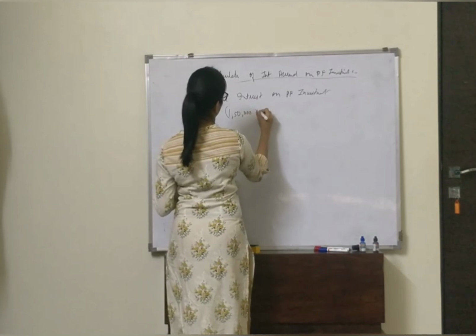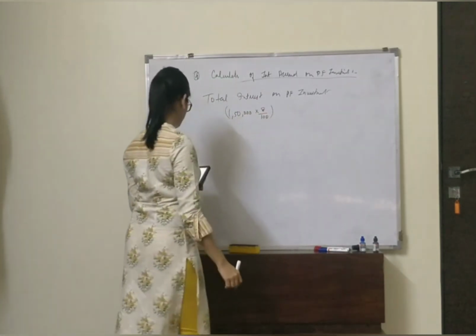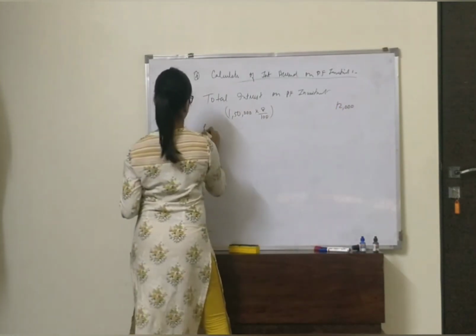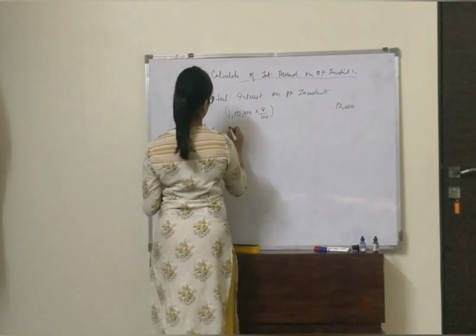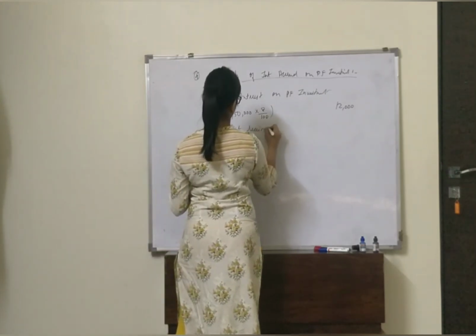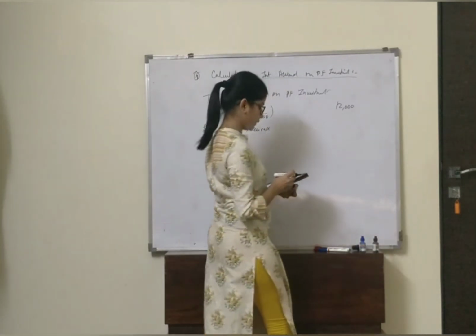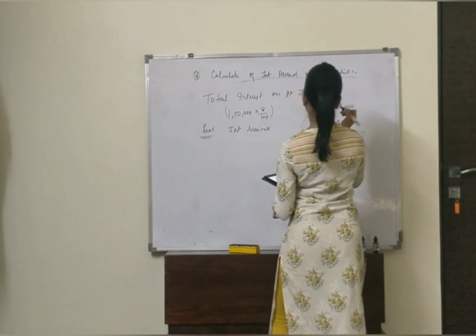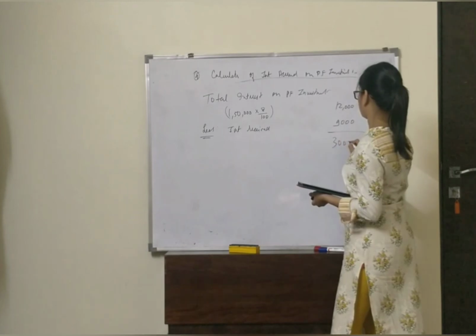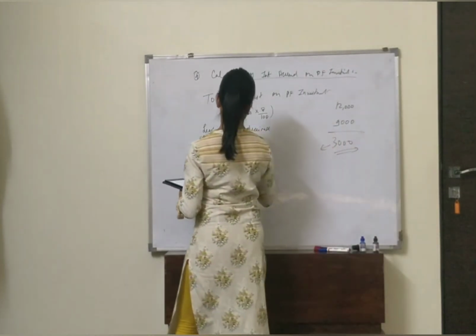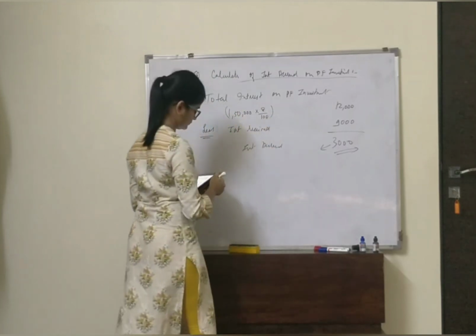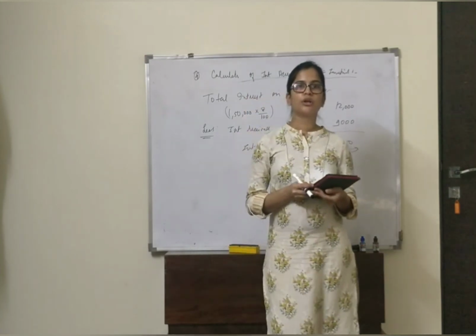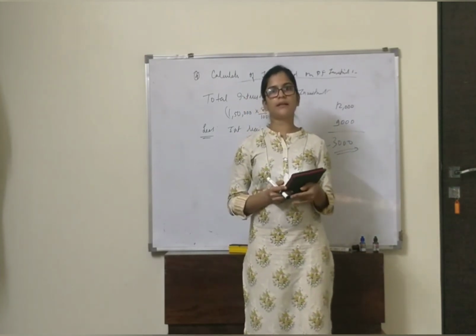Next line in bracket, 1,50,000 into 8 by 100, that is 12,000, less interest received under receipt and payment account, receipt side, 9,000. So the balancing figure is 3,000, that is interest accrued. So we are done with the problem. Tomorrow onwards we shall be starting with a new chapter, that is partnership.